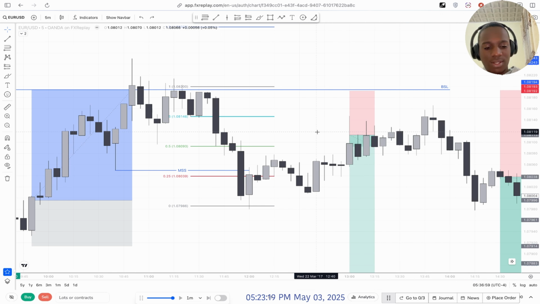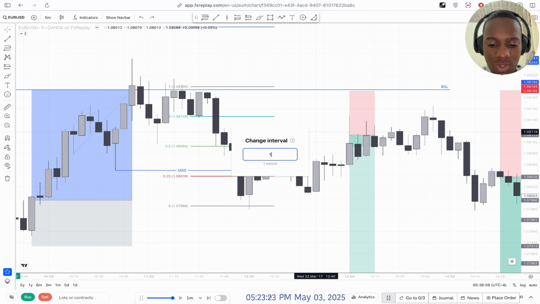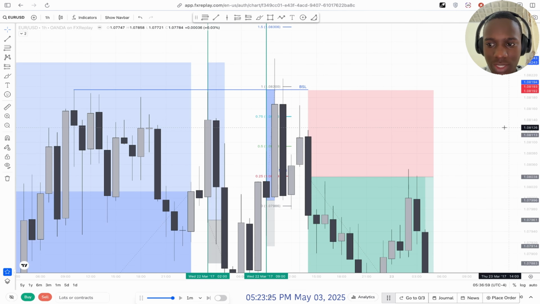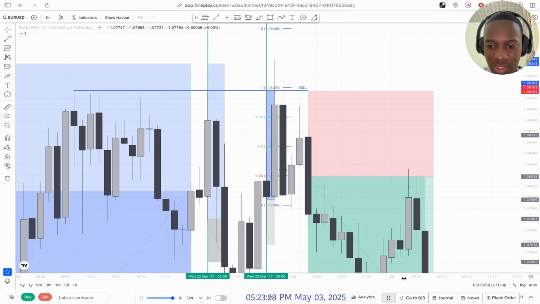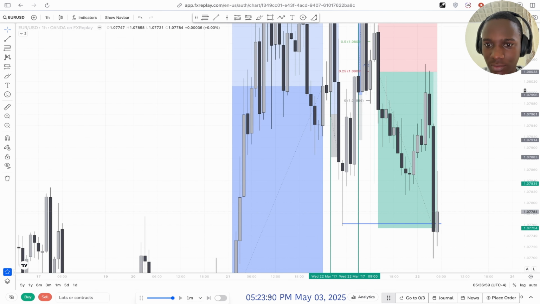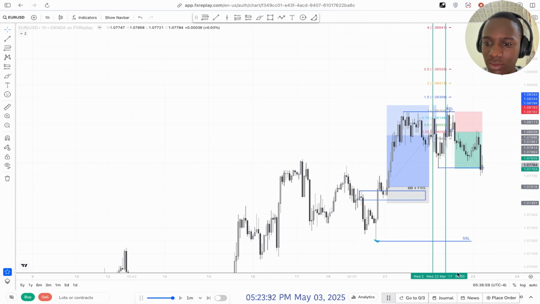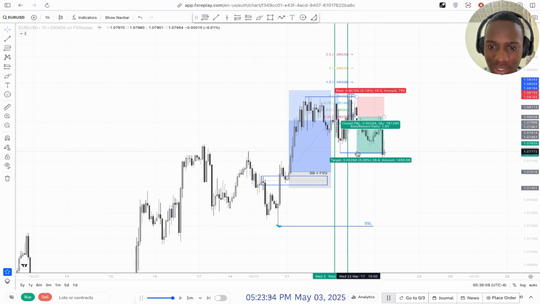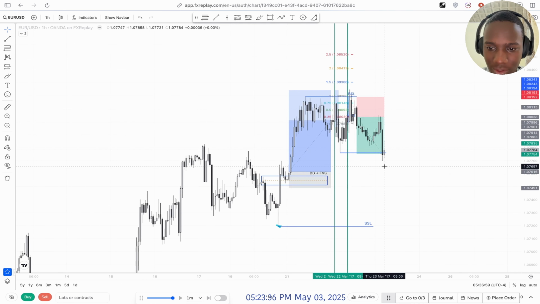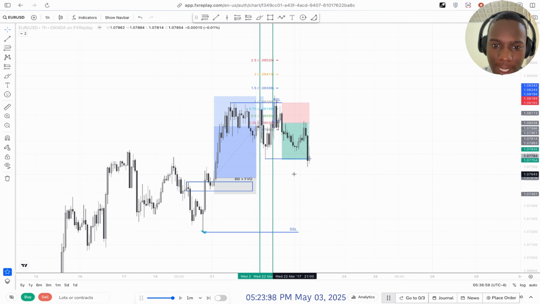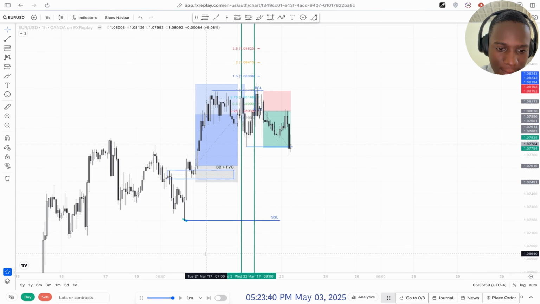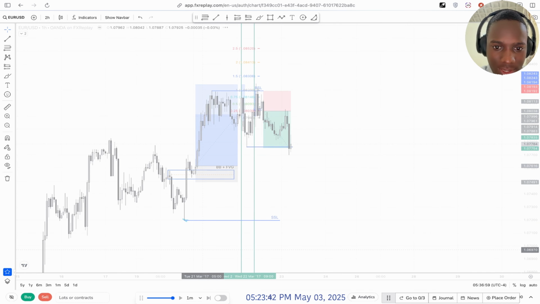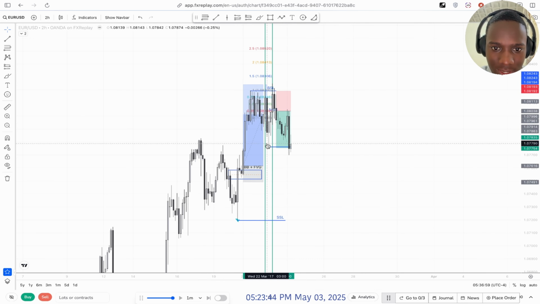So yes, that was a good one. Let's go now to the 1 hour and try to grasp how it's moving now. So you can see we've grabbed our first liquidity right here before the start of New York, and when you go to the 2 hour, you can see that we dropped down to that fair value gap as well.